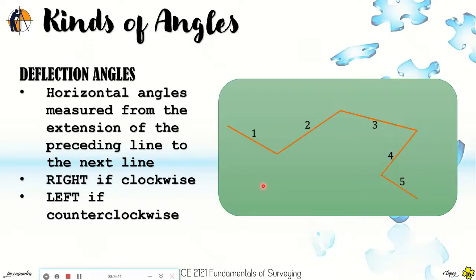For line 1, its extension will have a counterclockwise angle, so it is a deflection to the left. For line 2, from the extension, it will have a clockwise measurement, so it is to the right. Line 3 will have a right deflection angle, and line 4 will have a left deflection angle.